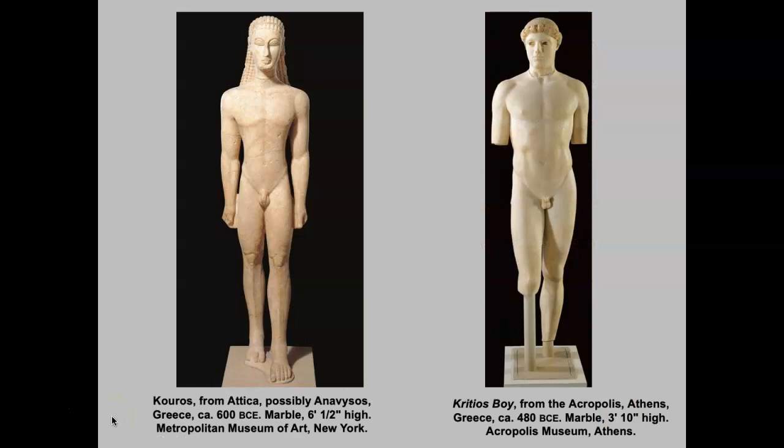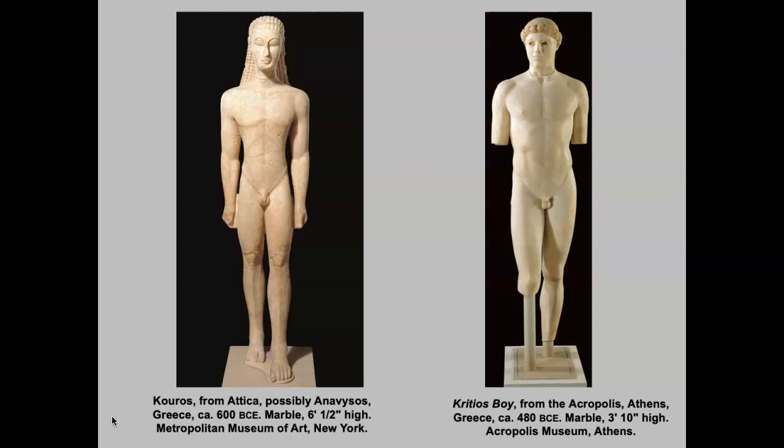This seems like a big leap when we look back to the Kouros that we discussed in the archaic period. I'm showing you here on the right a figure called the Kritios boy that was found in the Acropolis in Athens. This is thought to be the first occurrence of the position that we call contrapposto, and you'll hear more about this in the next video.